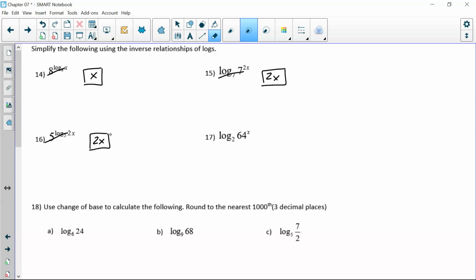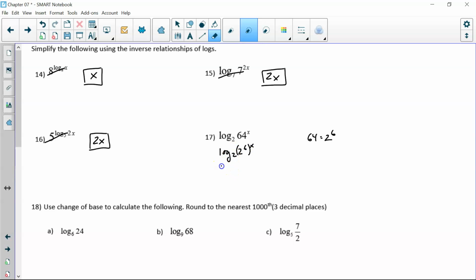Now in problem number 17, the base of the log and the base of the exponential are not the same. But we can rewrite 64. 64 is the same as 2 to the 6th. So what we have here is log base 2 of 2 to the 6th raised to the power of x.